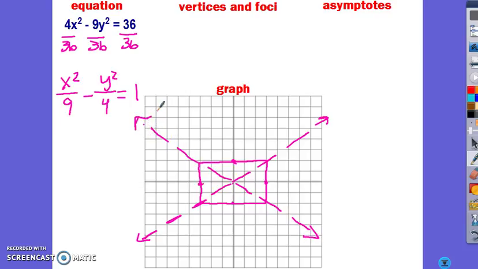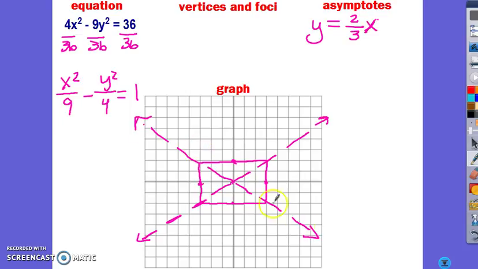Might as well write the equation for the asymptotes. It's a y equals mx plus b equation. Both of these asymptotes are passing through 0, and that's because the only hyperbolas we're going to work on are the ones centered at 0. So all of the asymptotes are centered, and then this one goes up 2 over 3. So my first asymptote has an equation of y = 2/3 x + 0, mx plus b.